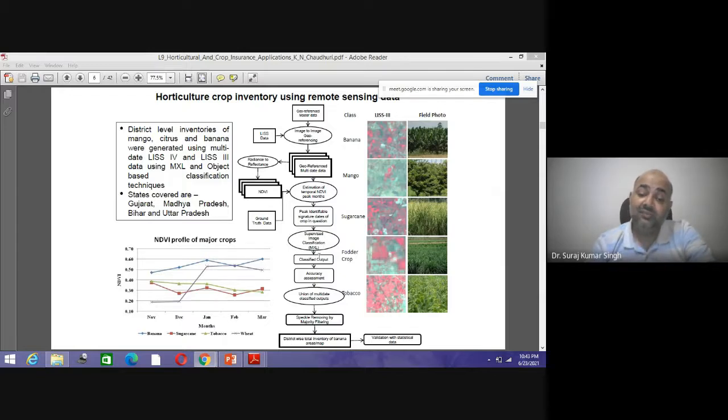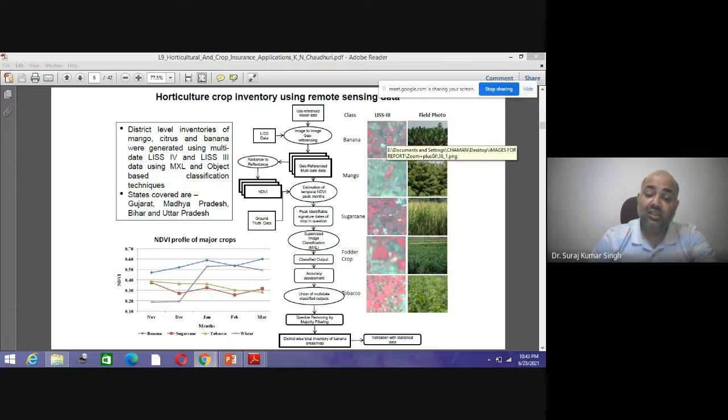And finally, for all the images we have classified, we will be taking out the accuracy assessment of each and every horticultural plant, because image accuracy is important. Unless your image is accurate, the classification, area statistics, or whatever planning the administrator will be performing has to be near about 100% accurate.